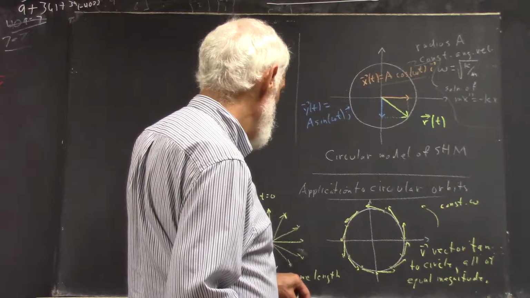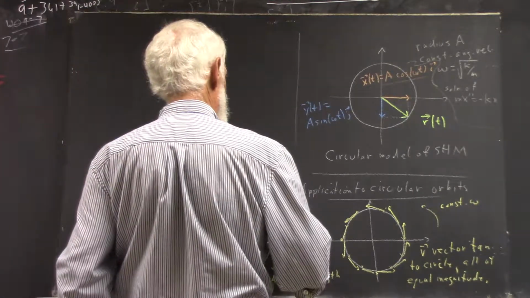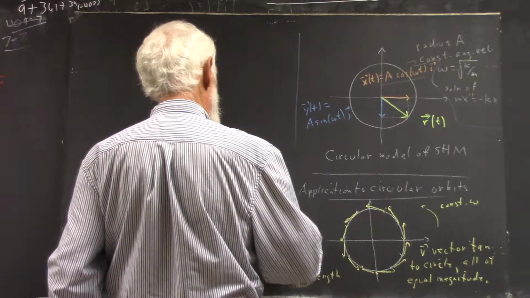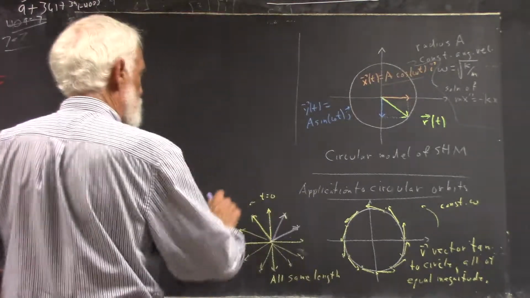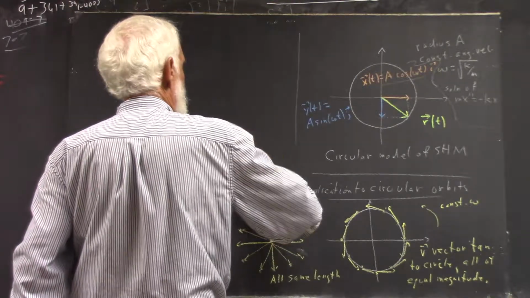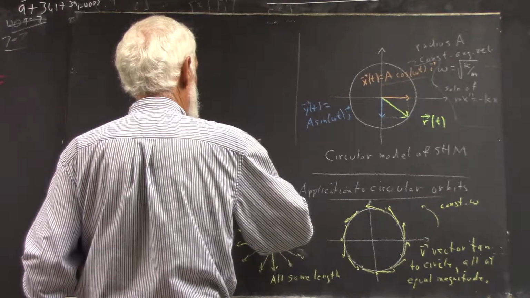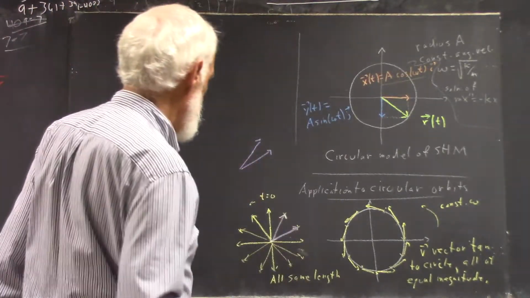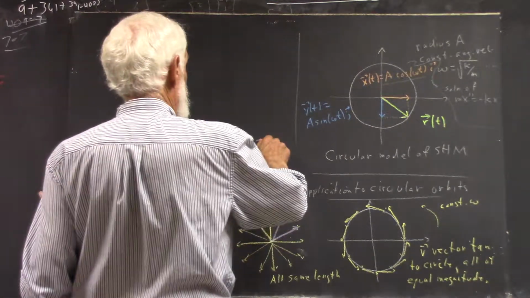So if I isolate two of the vectors, this one and this one, I can bring them out here. That's really a bad angle to draw it at, but we'll pretend that I did a good job of that. Okay? So it should be rotated out a little more, but you get the idea. Now they have the same length.